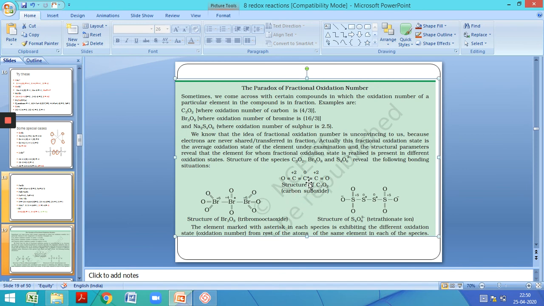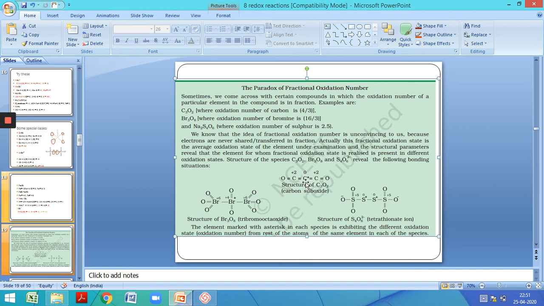Here the oxidation number of the central carbon is 0. Why? Because this carbon is attached to other carbon. Both are carbon atoms. None of these is more electronegative than the other. Therefore, the oxidation number on this carbon is 0, and this carbon is also 0 with respect to the carbon marked star.